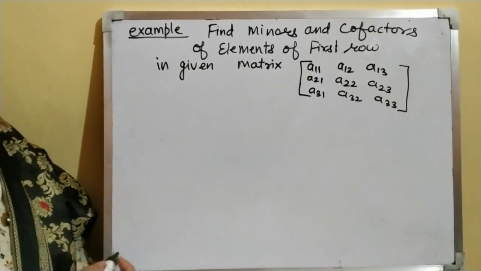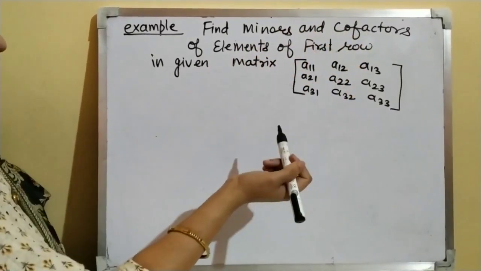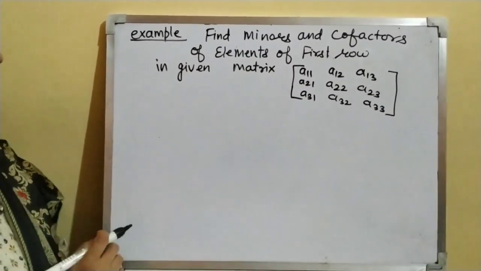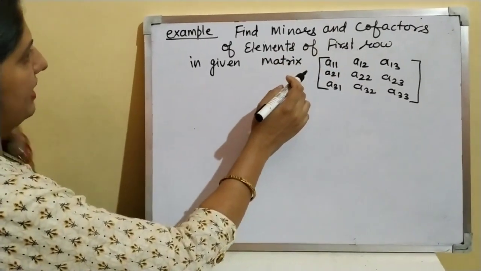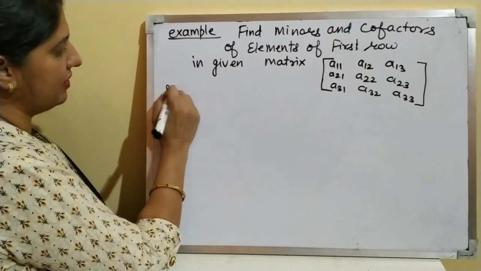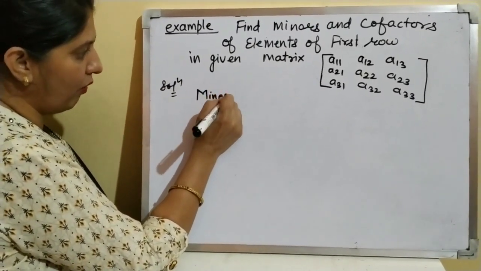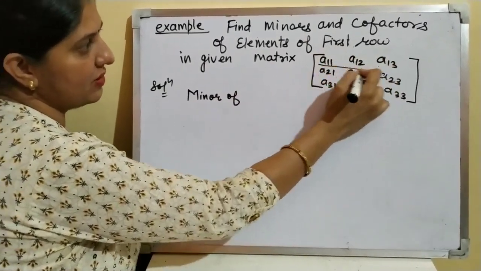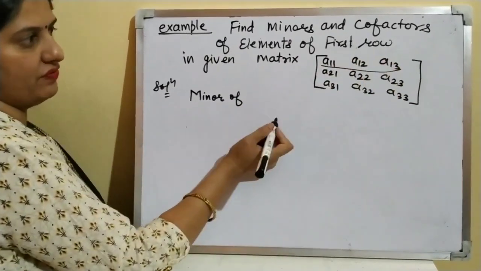We will discuss one example based on minors and cofactors of the elements of the given matrix. You have to find minors and cofactors of the elements of the first row. First row is this one, and elements are A11, A12 and A13.